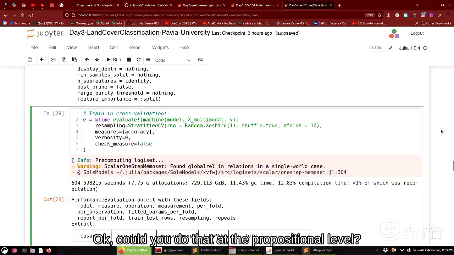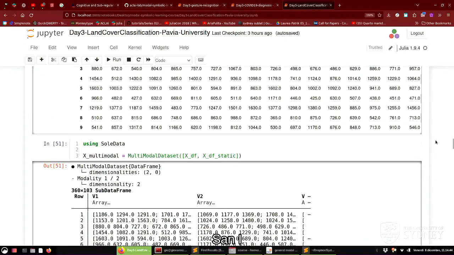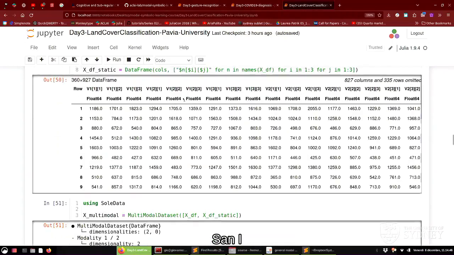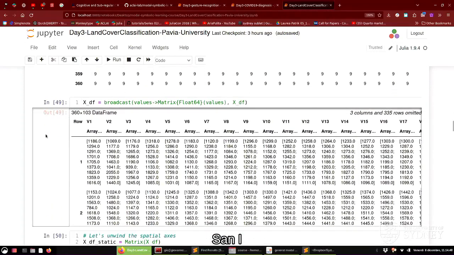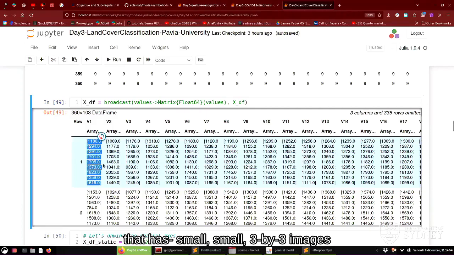Could you do that at the propositional level? You could take the 3x3 image and flatten it in a way that it fits into a table. Or you can do both and use a multimodal setting. For example, I can load the data set as a table that has small 3x3 images in the cells.